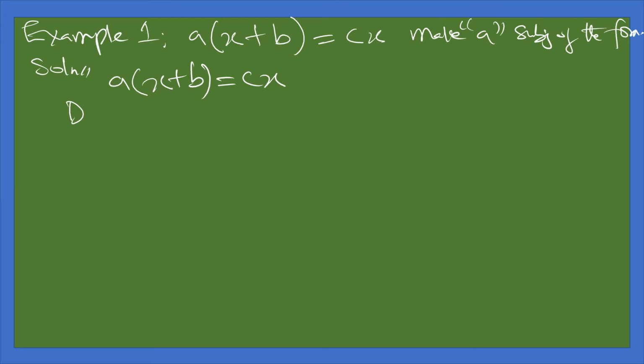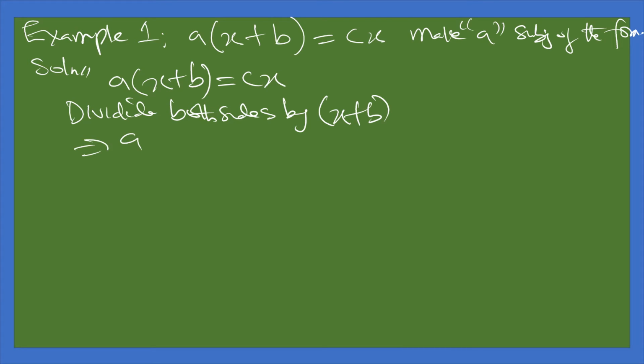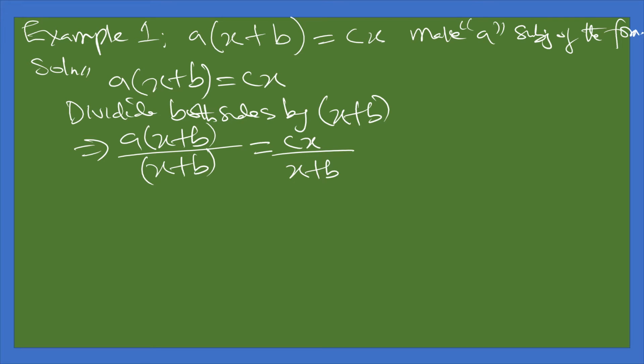We divide both sides by x plus b, which now becomes a into x plus b divided by x plus b, equal to cx over x plus b.